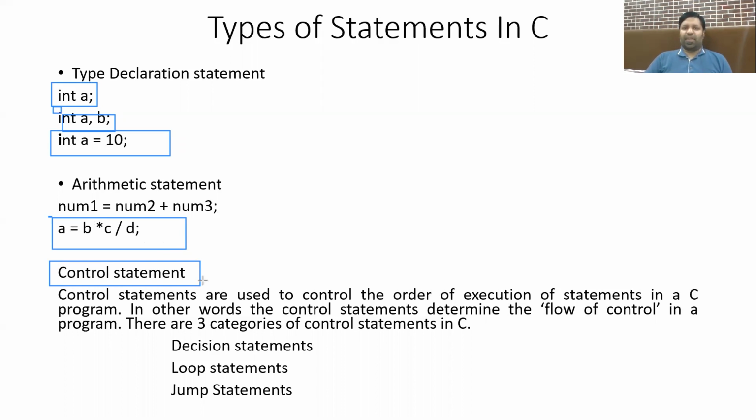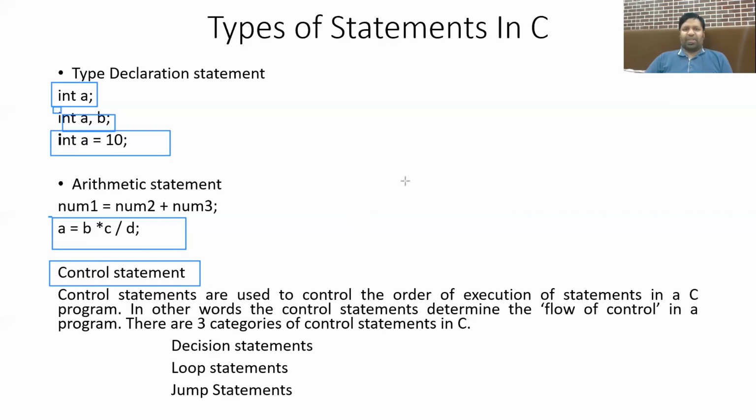Control statements are used to control the execution of the instructions in a program. Normally, if you have written 10 instructions in the program, all the 10 instructions are executed in sequential order, one after the other. That is 1, 2, 3, 4, 5. But C gives you a provision to change the execution order, repeat, or skip some of the lines.